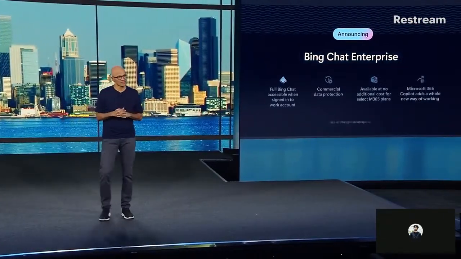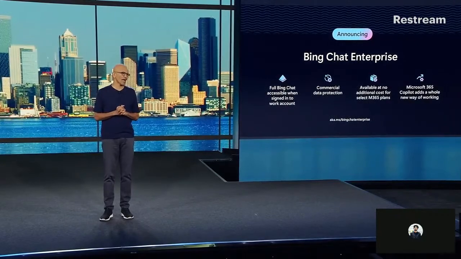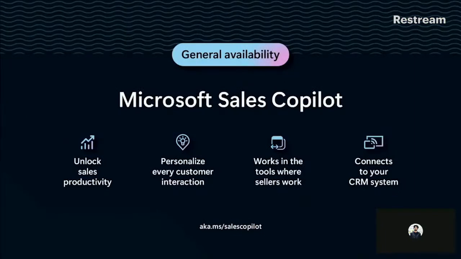There's no question we are in the midst of a massive platform shift with the new generation of AI that's going to transform pretty much every sector, every category of computing. I am really thrilled to be announcing Bing Chat Enterprise. This is the moment in some sense that every CIO, CISO, business user has been waiting for. The next thing that I want to announce is the Microsoft Sales Copilot.